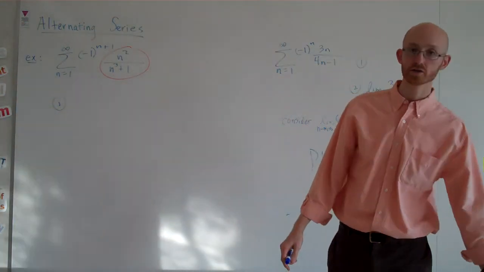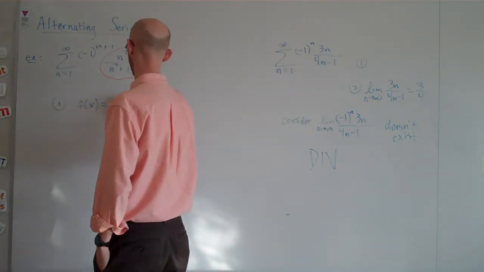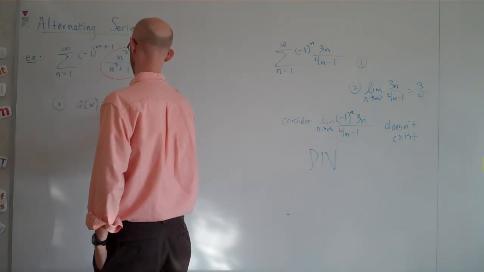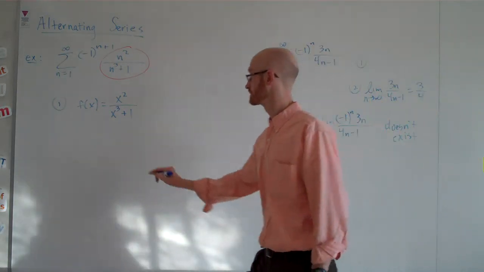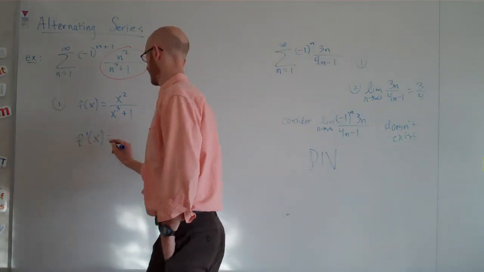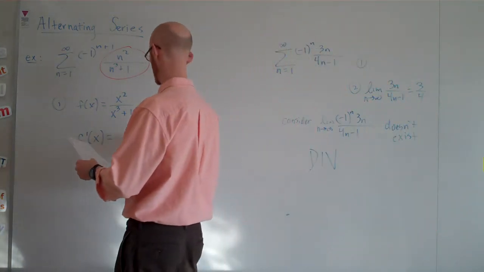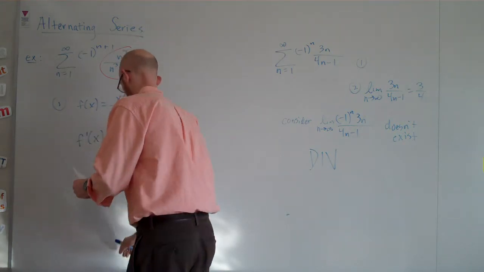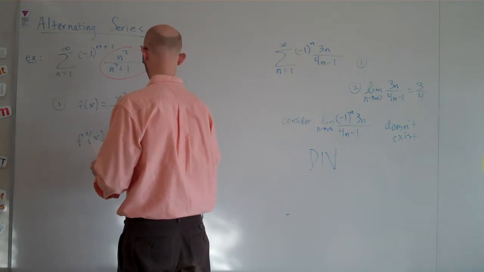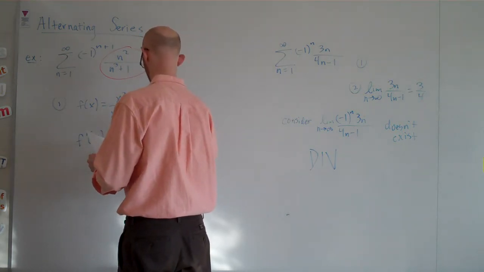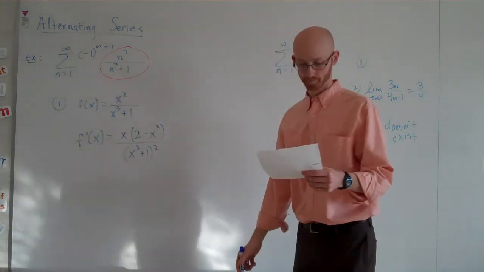So what we will actually do is consider that thing to be a function. And if you want to know if it decreases, and you know calculus, take its derivative. Why don't you do the derivative, hit pause, and then resume when you're finished. You should get this, that's f prime.